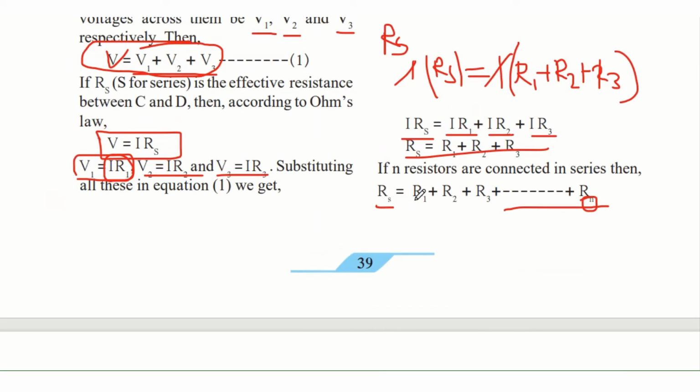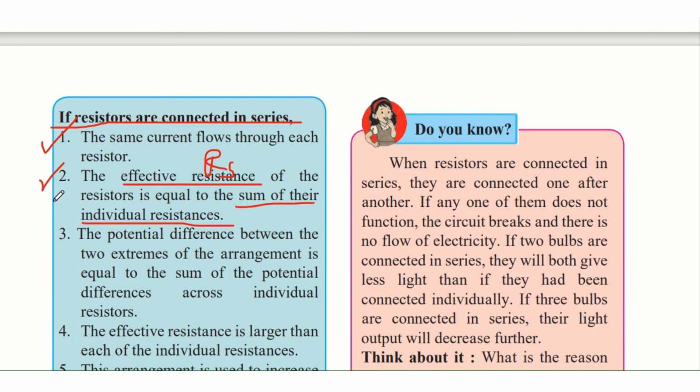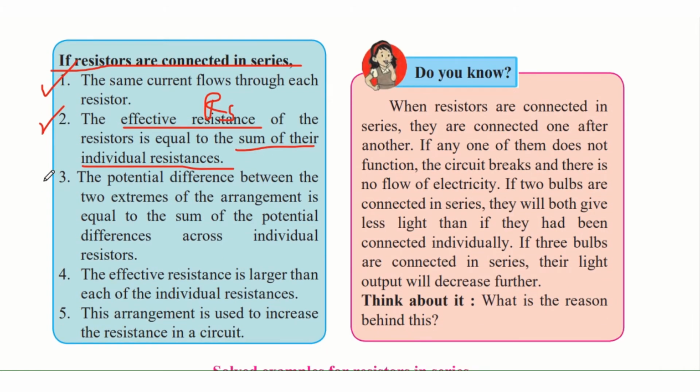So that is another important point that we have derived. The third one is that the potential difference between the two extremes of the arrangement is equal to the sum of the potential differences across individual resistors, where we had taken V is equal to V1 plus V2 plus V3, etc.